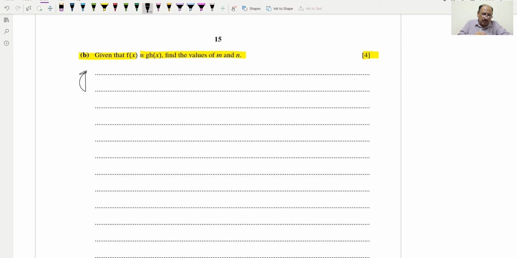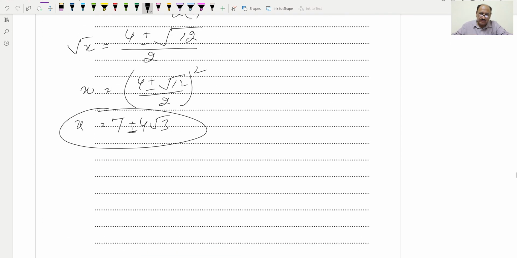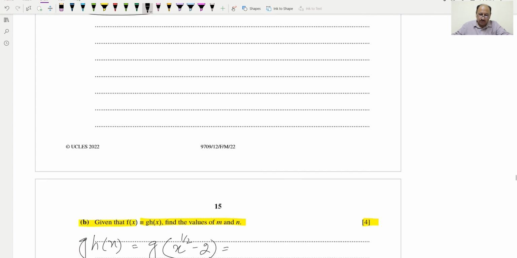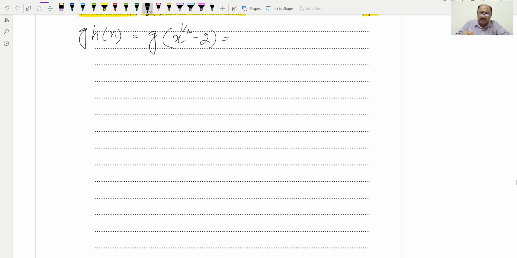So g of h of x. We know h of x is what? First we will replace this h of x, and h of x is x raised to 1 by 2 minus 2. Now we can take the g of x function, and g of x is m x squared plus n, so we can rewrite it as m times this squared plus n.